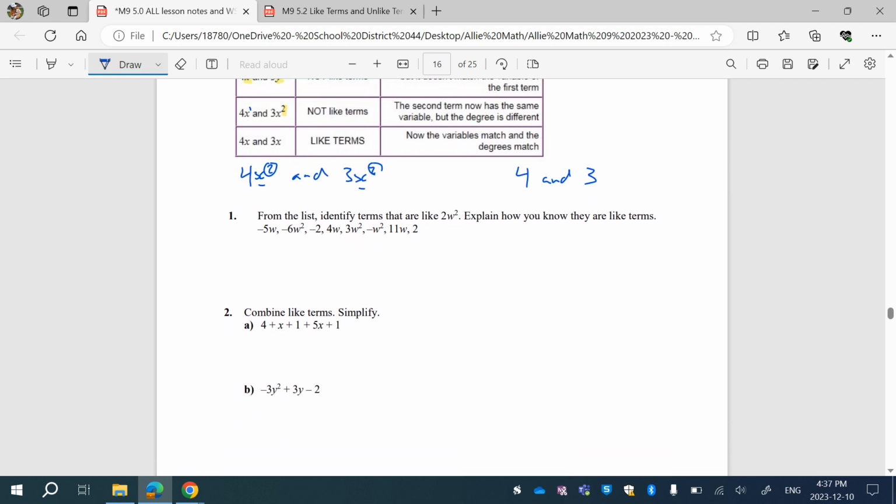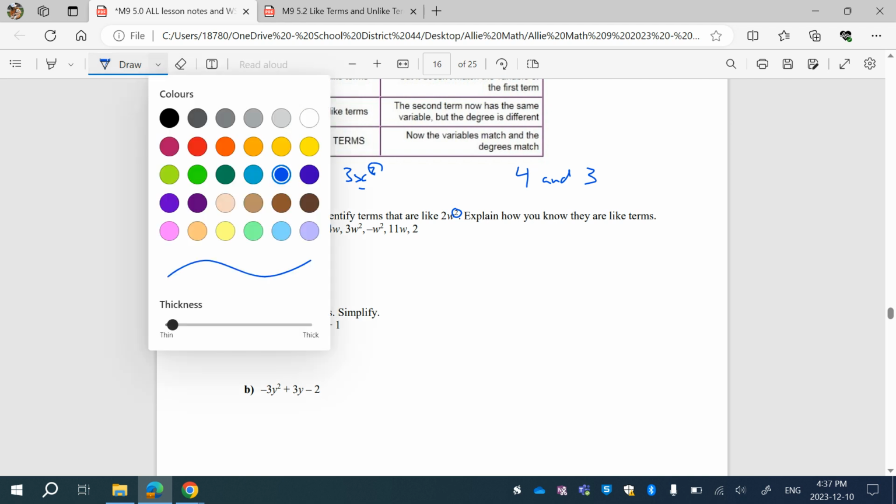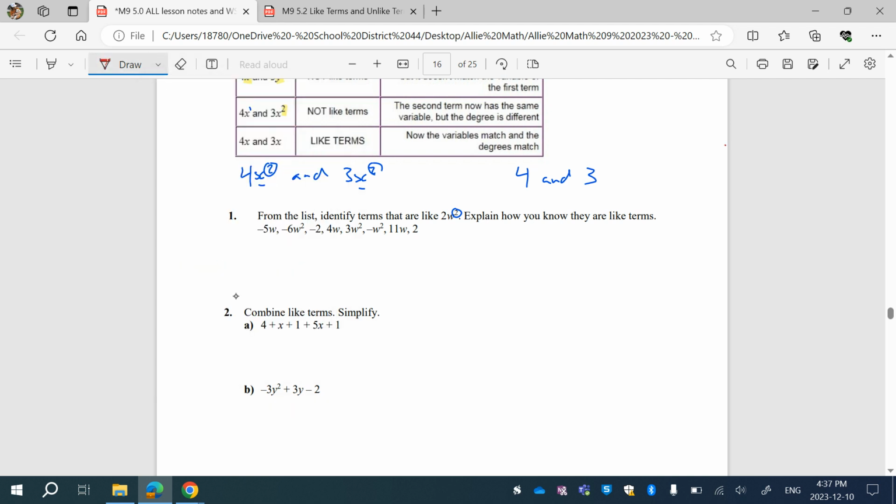Hopefully that'll help us. From the list, identify the terms that are like 3w squared right here. Explain how you know they are like terms. Okay, so this negative 5w, it does have a w, so it has the same variable. However, it's not the same degree. We have a degree of 2, and here we have a degree of 1, so that's going to be a no for us.